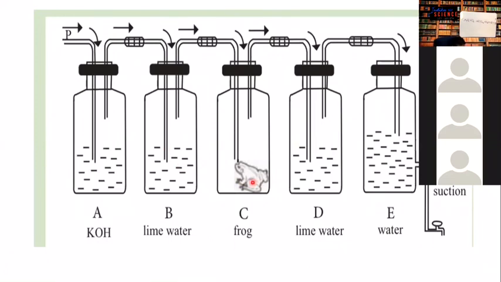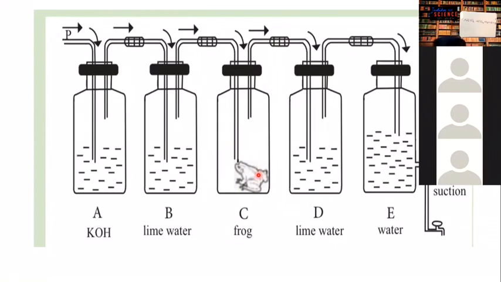What you have to do is remove the frog, or otherwise a control experiment can be made without frog in C. You can remove the frog in C and make the setup. That's a way to make the control experiment. I think you got some idea about these things.